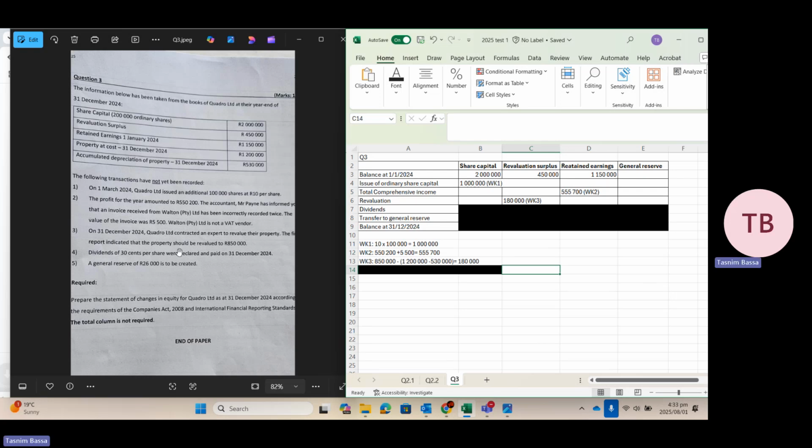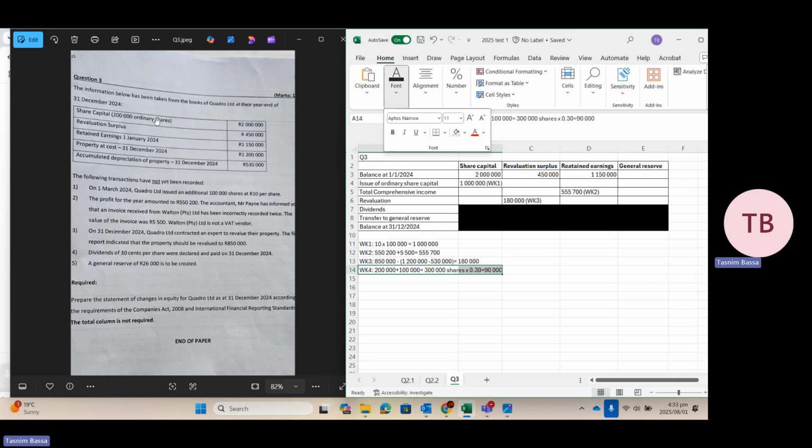Number 4 says dividends of 30 cents per share were declared and paid on 31st December 2024. It's important to note that it's 30 cents per share. So you need to look at the number of shares and multiply it by 0.3, because 30 cents will be 0.3. The number of shares, they told you at the beginning that they had 200,000 ordinary shares, and then they issued another 100,000 shares.